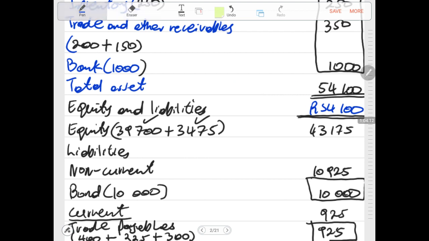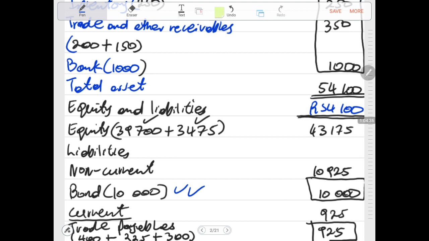Very easy approach. Now, I just want to highlight one very crucial part with regards to the mortgage bond. This is where I am now. Remember, with regards to the mortgage bond, they did not tell us how much of the portion of the bond is payable within the next 12 months, meaning there is no current portion of the loan.